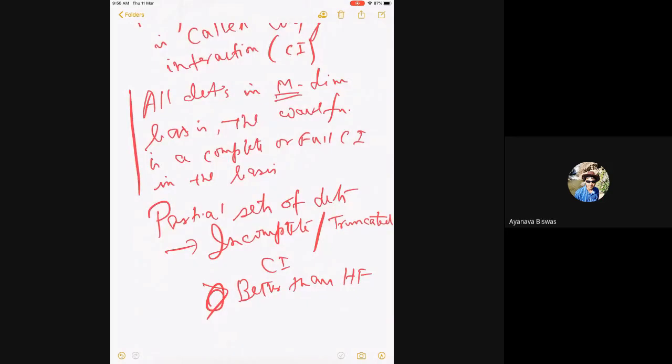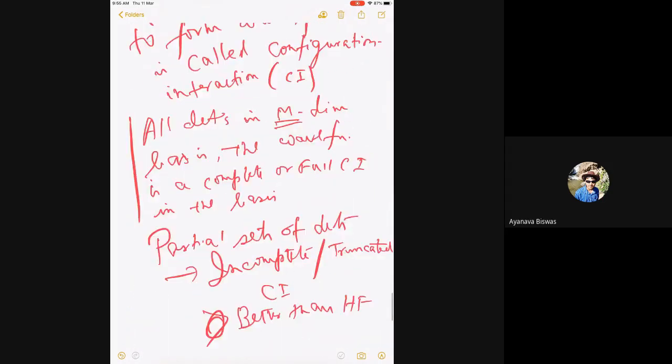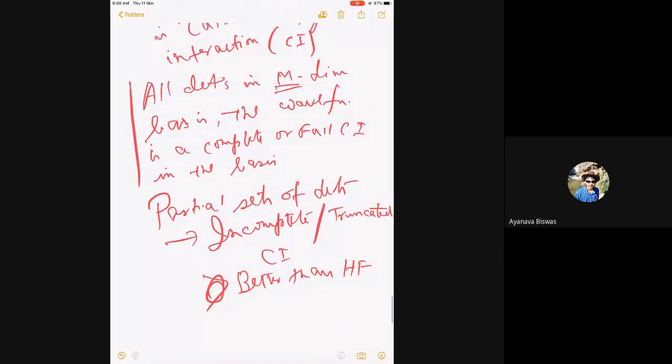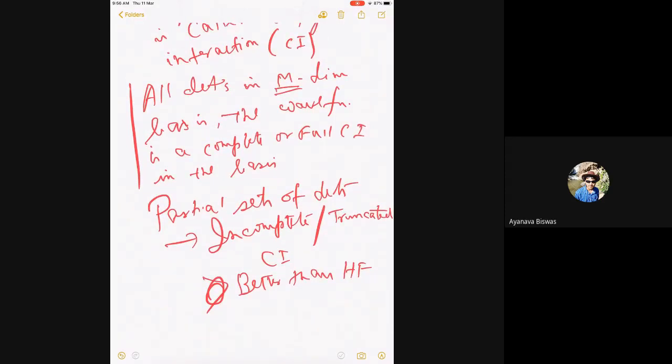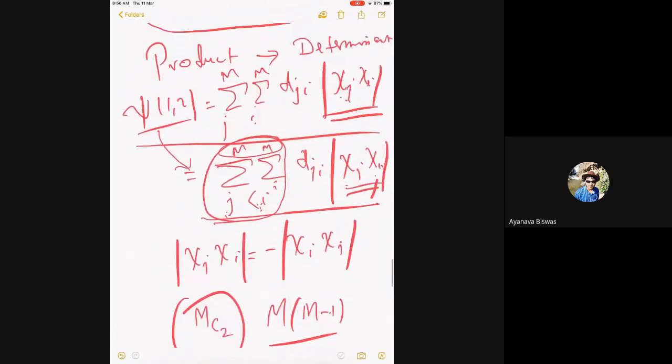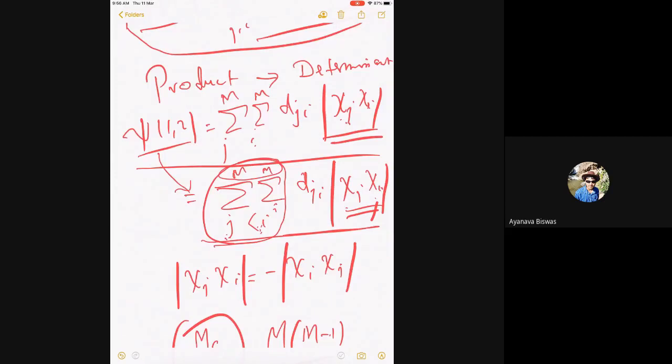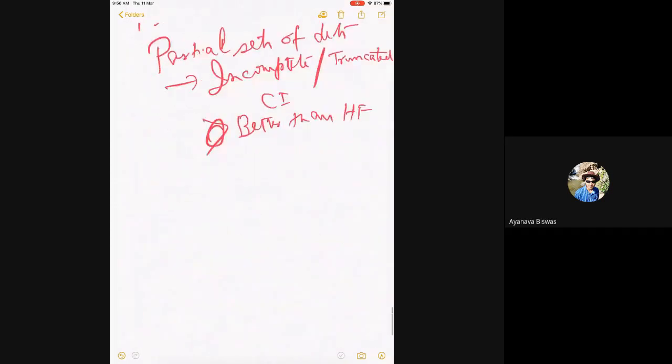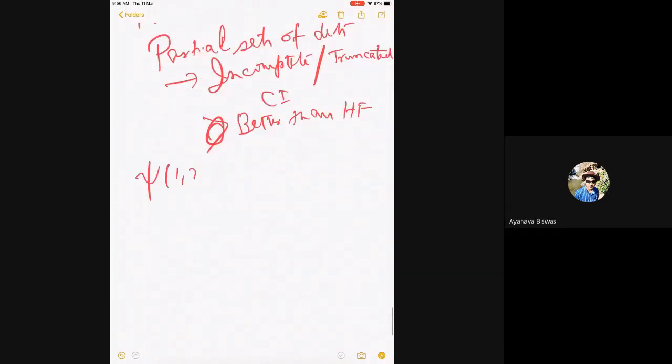Now, if you take all the determinants, in this case it is MC2, it's an exact wave function in that basis, or a complete CI. Any partial set that you take will make it incomplete or truncated CI. Okay, I have paraphrased this with only 2 electrons. You can very easily see that you can expand this to n electrons, right? So the n electron wave function will then become a linear combination of MCN determinants.